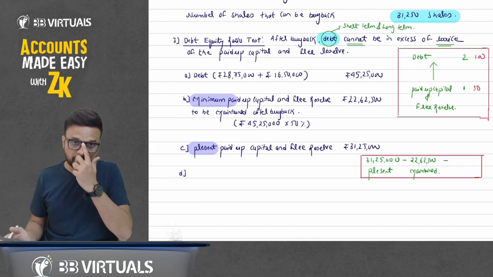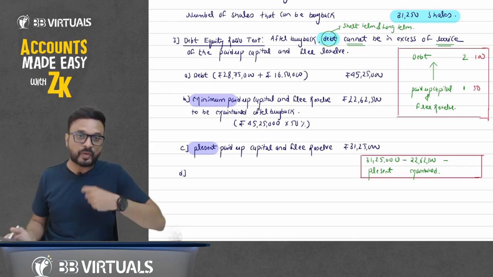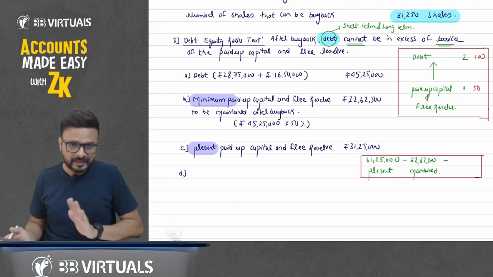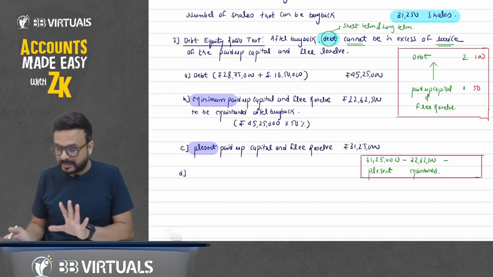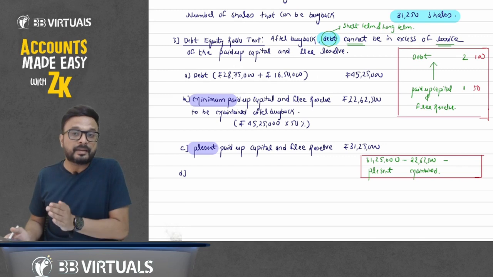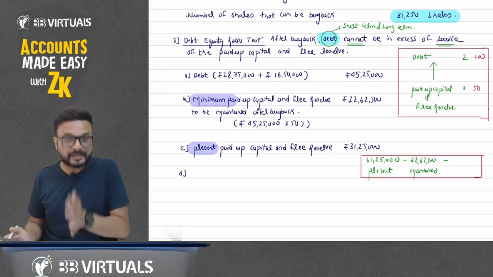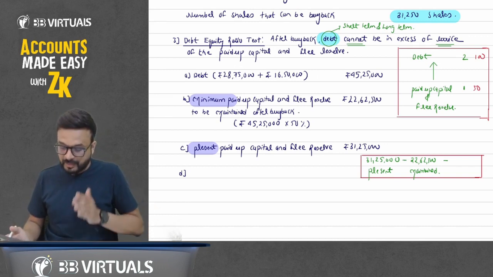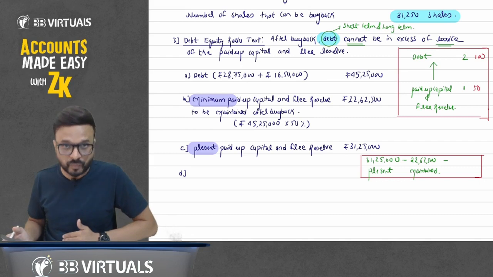Why? Because out of this 8,62,500, some amount will be transferred to CRR, and that CRR is not a free reserve. It means the present amount is 31,25,000, the amount that should be maintained is 22,62,500, and the balance we have is 8,62,500.